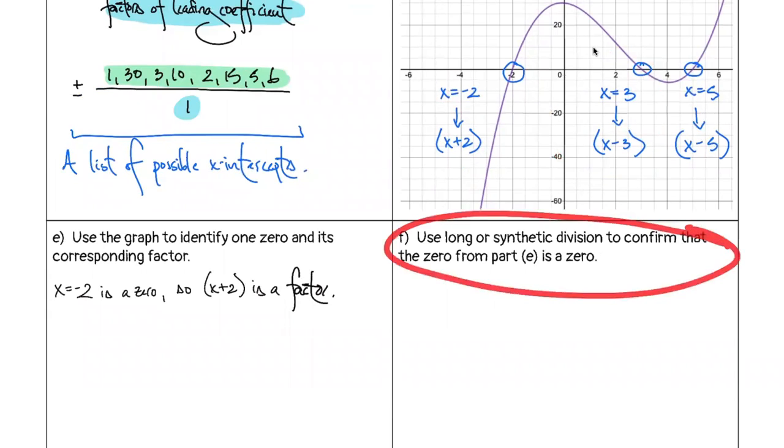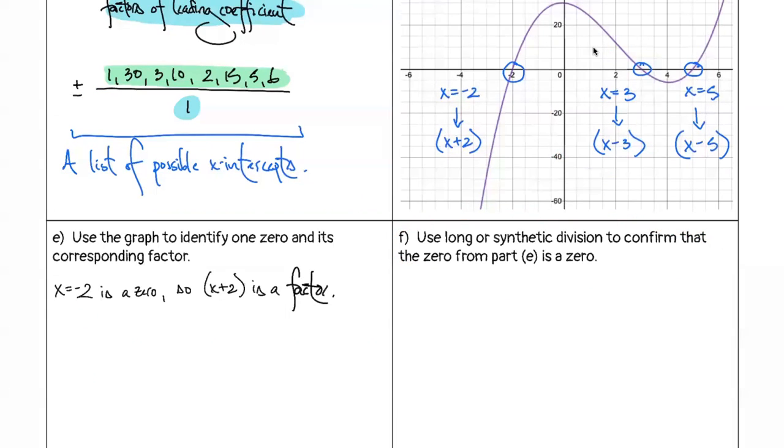All right, part F. Use long or synthetic division to confirm that the 0 from part E is a 0. So if I wanted to use division, all right, let's kind of choose right now as a class. Would we like to do long division or synthetic division? All right, synthetic to practice.